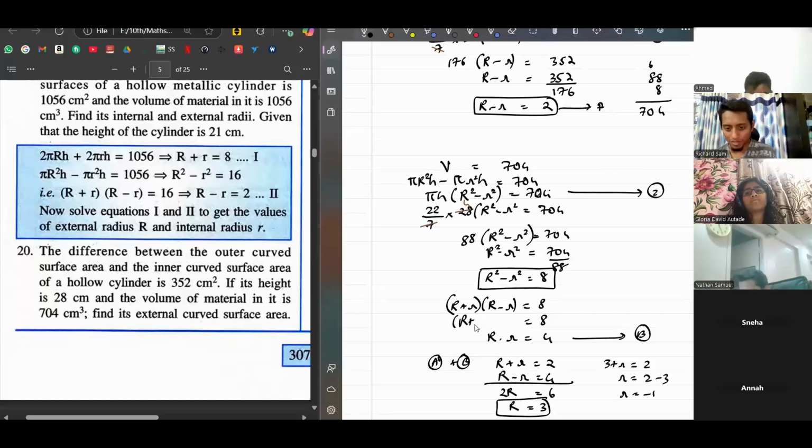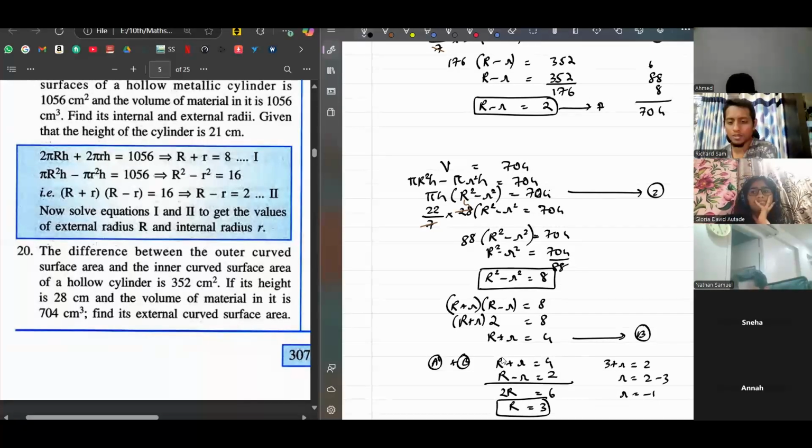R capital, plus we don't have. In place of the minus, we'll put 2. So capital R plus r is equal to 4. And capital R minus r is 2. Yeah, now it will come. So 2R is 6, R is 3.